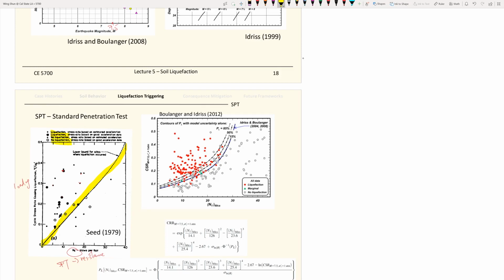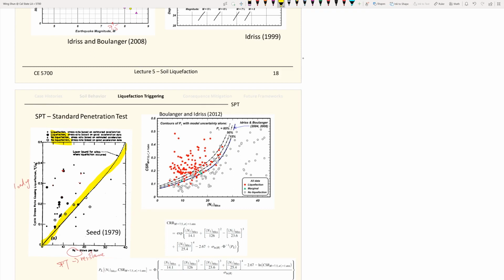So remember we watched the YouTube clip together, the evidence of liquefaction. You see whether there is sand boiling or sand ejecta, where they can trace the excess pore pressure being shot out from the site. Then they will know whether liquefaction happened or not. So with those classifications, they can try to draw a reasonable boundary curve.